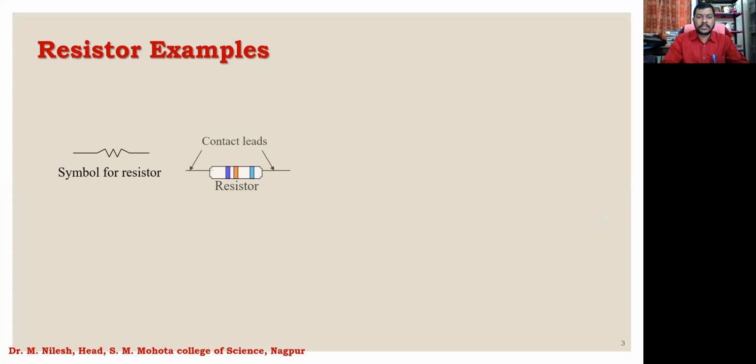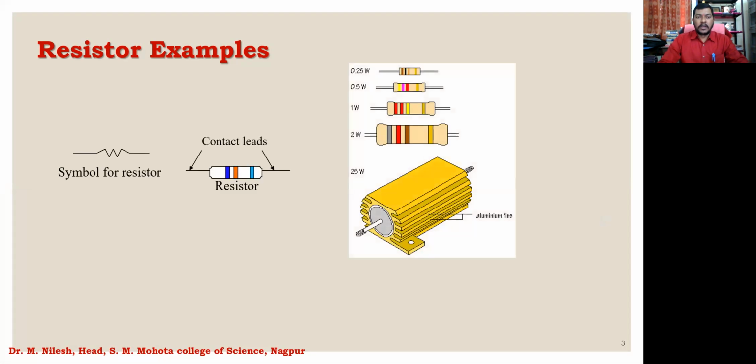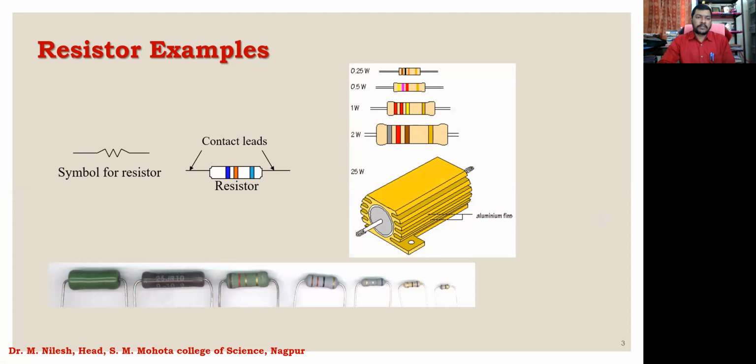So, resistor examples. These were some of the types of resistances and what actually they look like. This is the symbol of resistance over here, and these are the power ratings of resistances according to which we connect these resistances to a circuit, right?